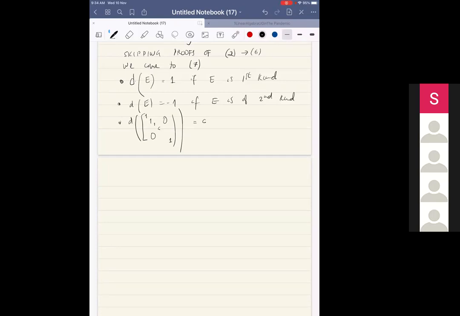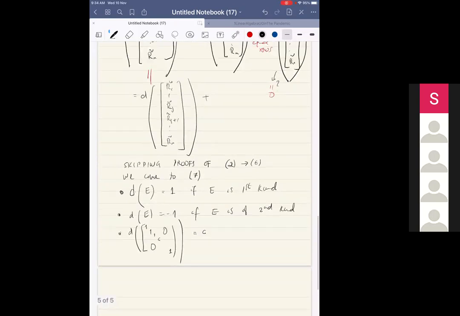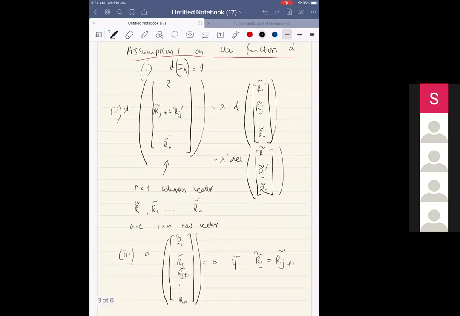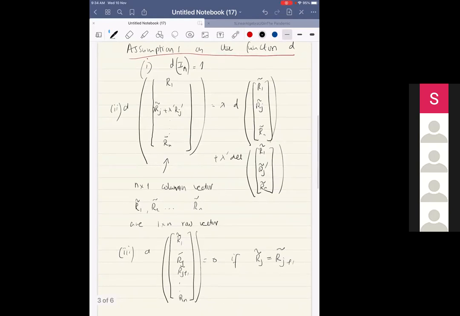The point is that if you assume that D satisfies these properties, the Roman numeral 1 up to Roman numeral 3, then the value of D on elementary matrices is fixed.